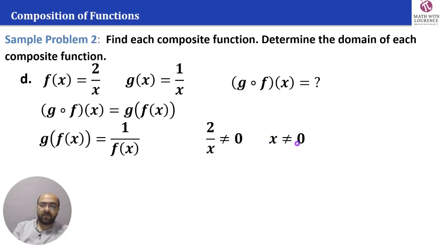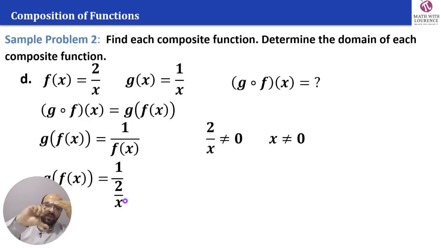Let's see. I will start substituting. f of x is 2 over x. We have a fraction, and in the denominator we have a fraction, so by reciprocal I will move x to the numerator. It becomes x times 1, which is x, so x over 2.